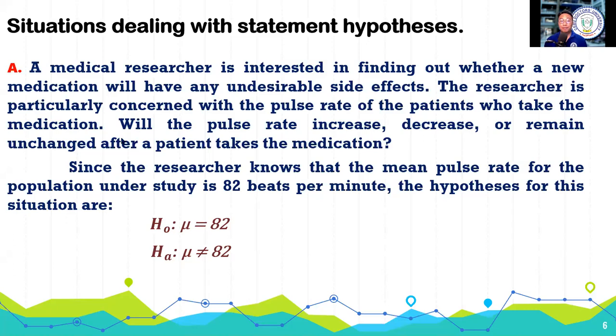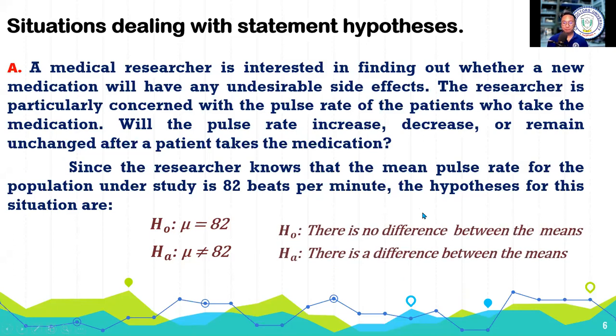Now, this is one way to state the null hypothesis and the alternative hypothesis. There's another way to do that. Instead of using the symbols, we can use the statement form. The null hypothesis can be written as there is no difference between the means. The means that we are talking about here are the means coming from the sample and the population. The alternative hypothesis says there is a difference between the means.